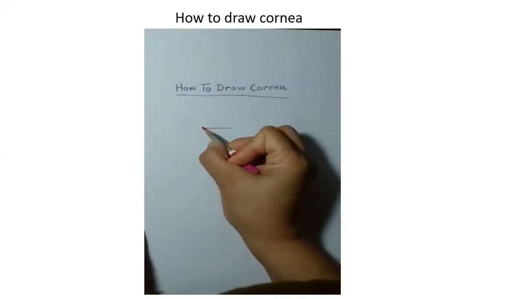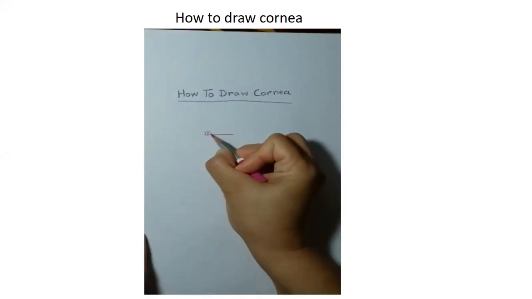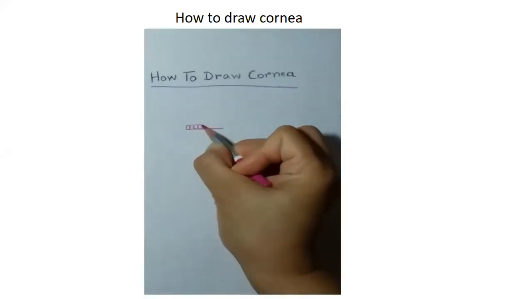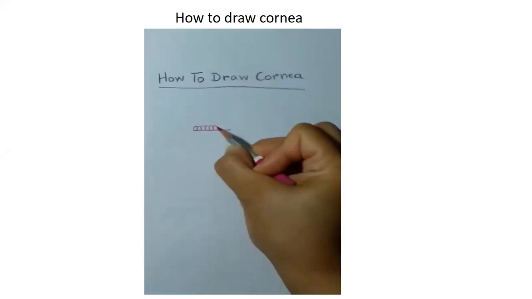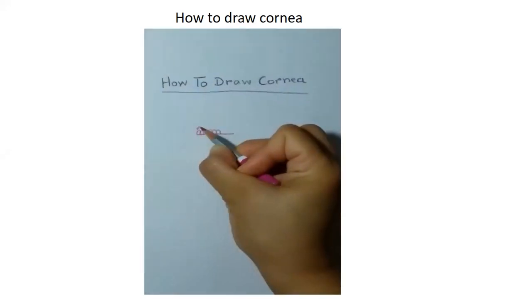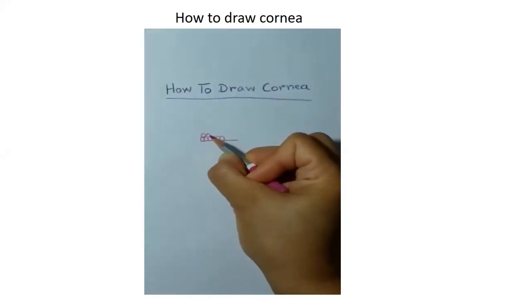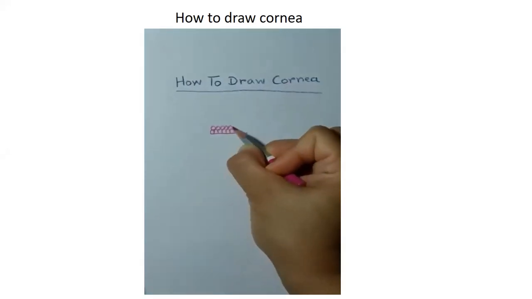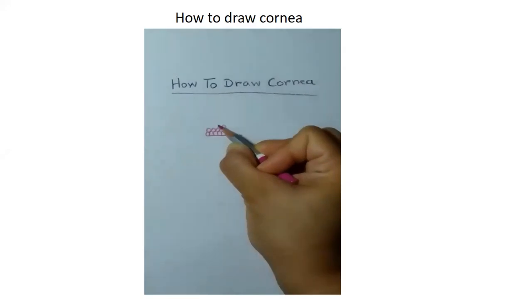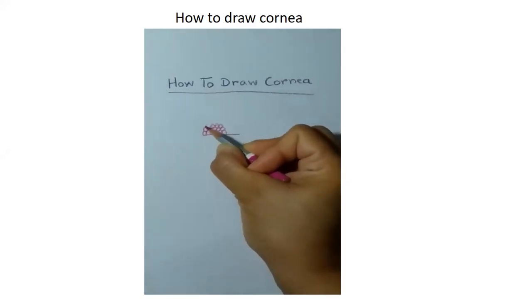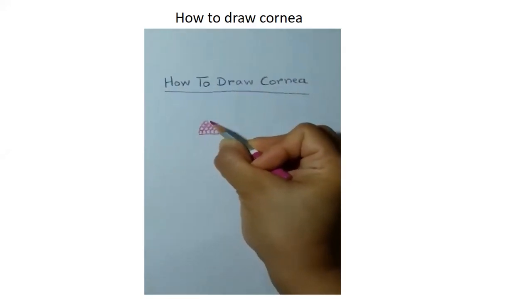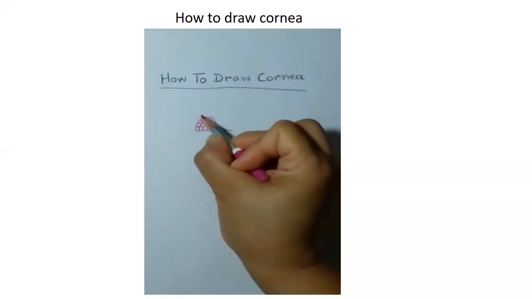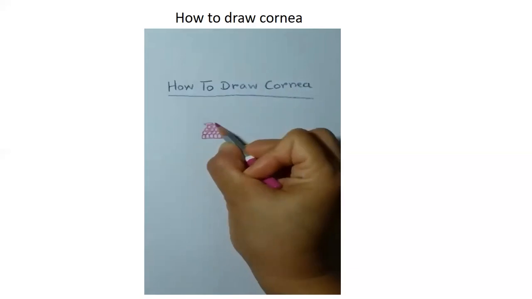The basal layer is a layer of columnar cells, then 2 to 3 layers of polygonal cells. You will draw these polygonal cells in between these columnar cells like this. The most superficial layer is a layer of squamous cells.